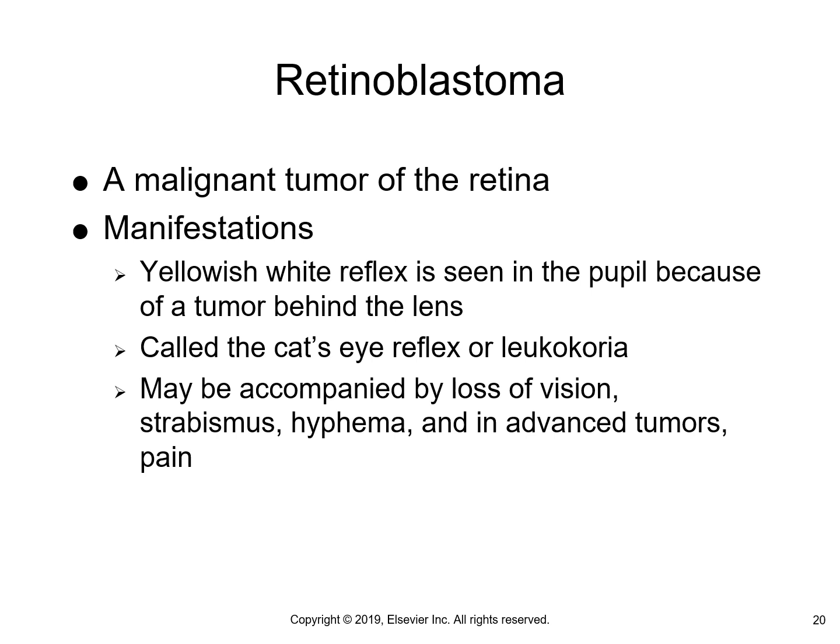Enucleation, if you remember, is the removal of the eyeball. That could be the case if we've tried everything else and the only answer now to treat the retinoblastoma is to remove the eyeball. This is called enucleation.